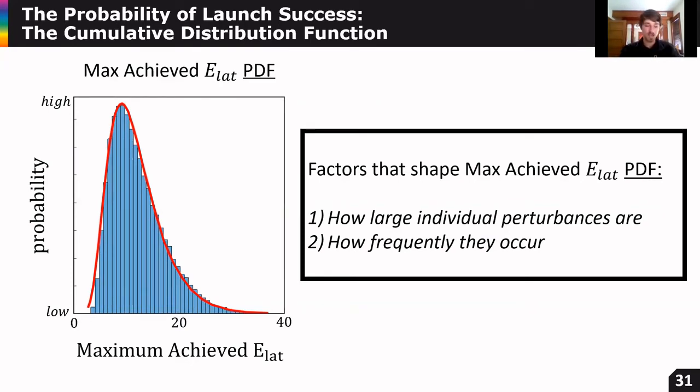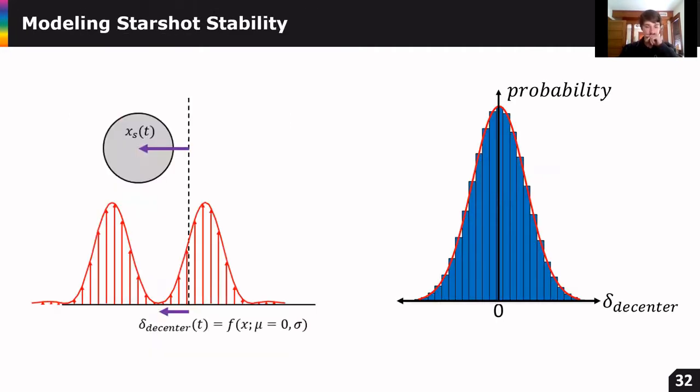So I wanted to create a dynamic model which allowed me to determine those factors. I created a model which allowed me to track the axial position of the sail as well as the axial decenter of the donut PSF. In this simulation, I assumed that the sail radius and the donut radius were equal, about 2 meters in diameter.